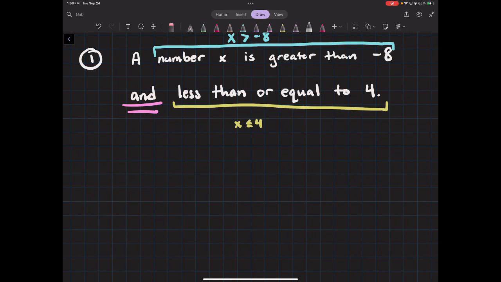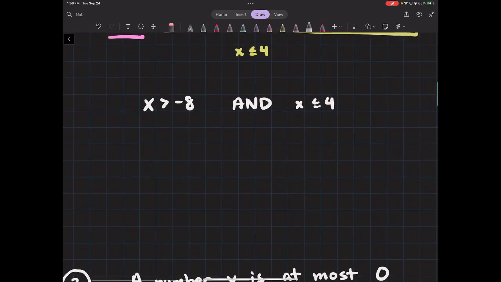But then if we want to stick them together, what do you think that's going to look like? I'll write them separately like this. Can you even stick them together? You can. Does anybody want to take a guess? It's okay to try it. How do you write that?